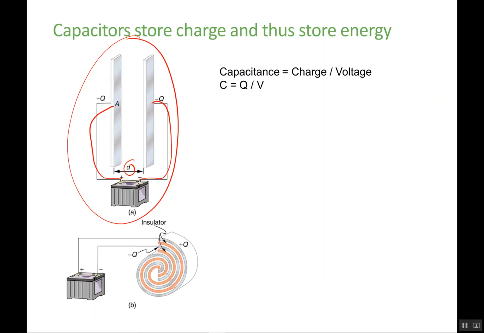The plates will charge up until the voltage difference from one plate to the other equals the voltage of the battery, in which case current will stop flowing, and you'll have some fixed amount of voltage and energy stored on the capacitor.